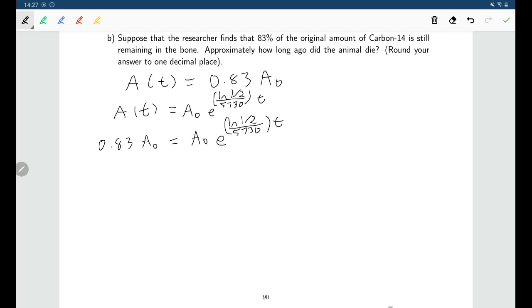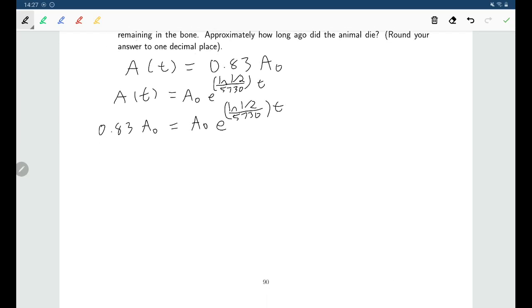Then I'll divide both sides by our initial amount, A0, and that gives me 0.83 is e to the power of natural log of a half over 5,730 times t. And now we're just solving for t, as always, rewriting this as a logarithmic equation, switching my inputs and my outputs.